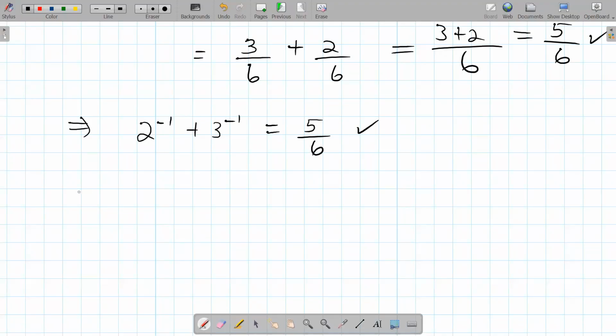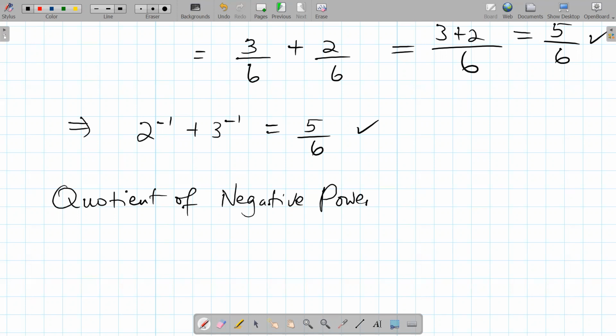Now let's look at what we call the quotient of power. It's still under the negative exponents though. So, quotient of negative power rule.